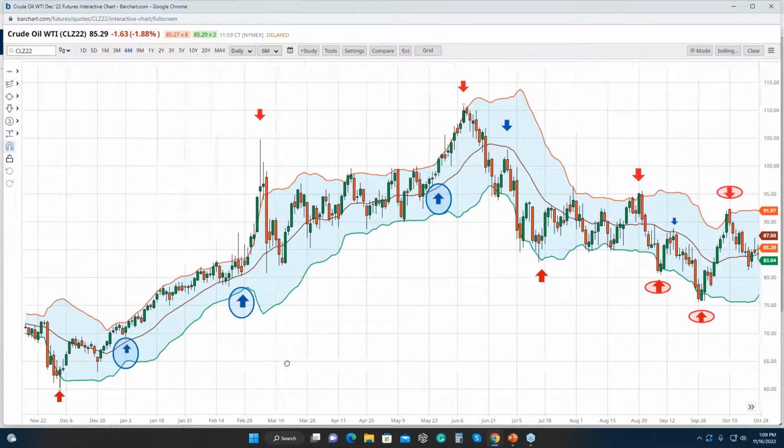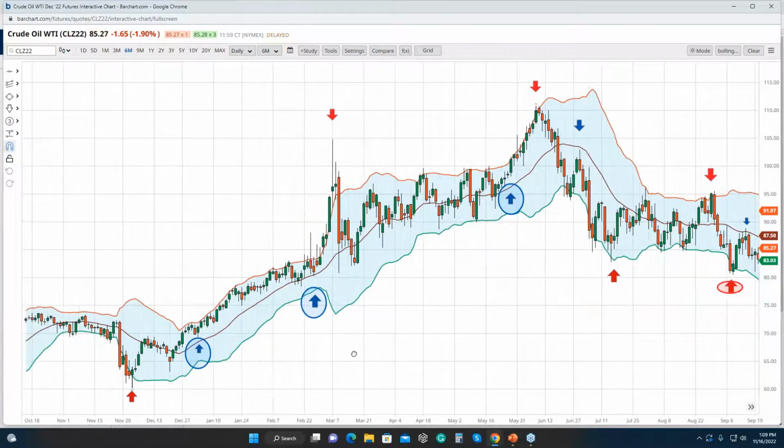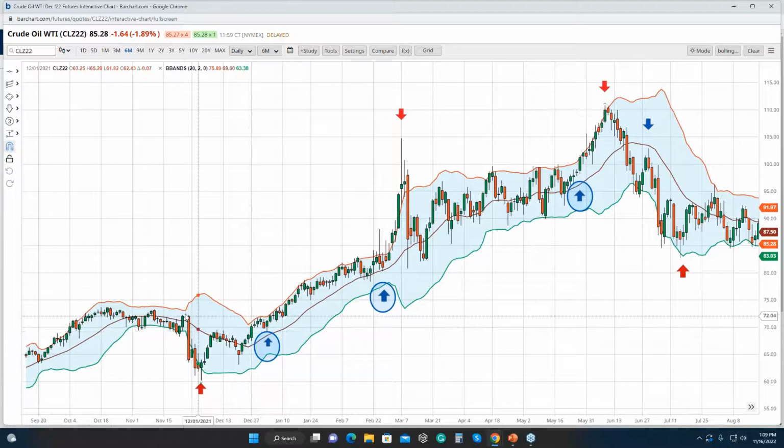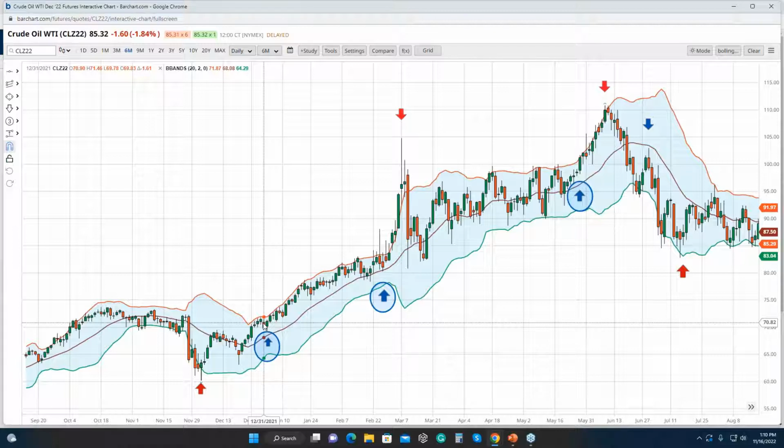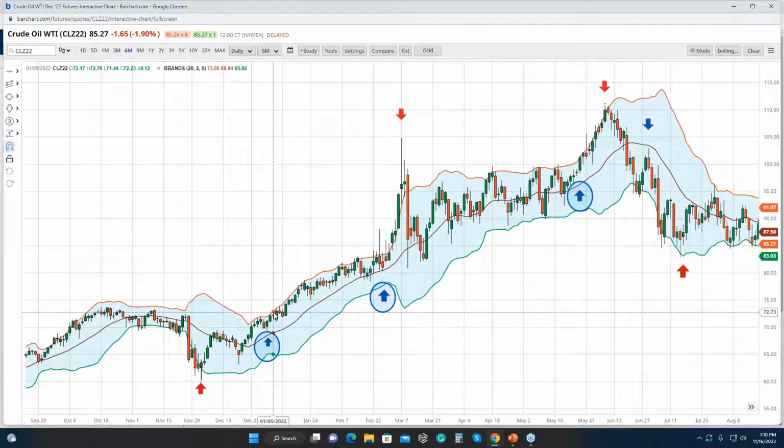Now, let's talk about that first application. Right, we're going to look for when bands narrow. See how the band here is getting narrow? But as price moves from, let's say, the mean to the outer band. So let's focus on these 3 blue arrows.